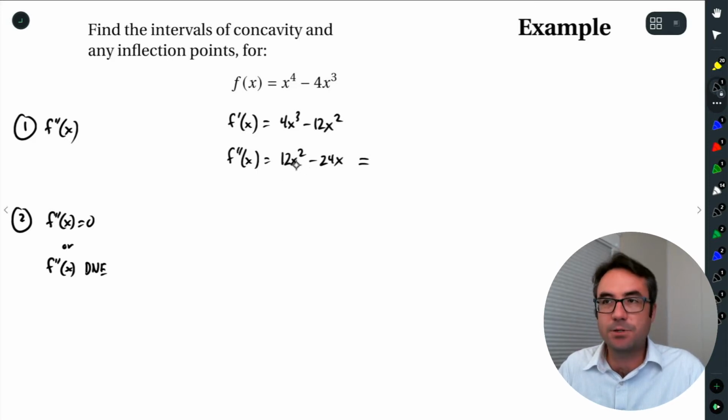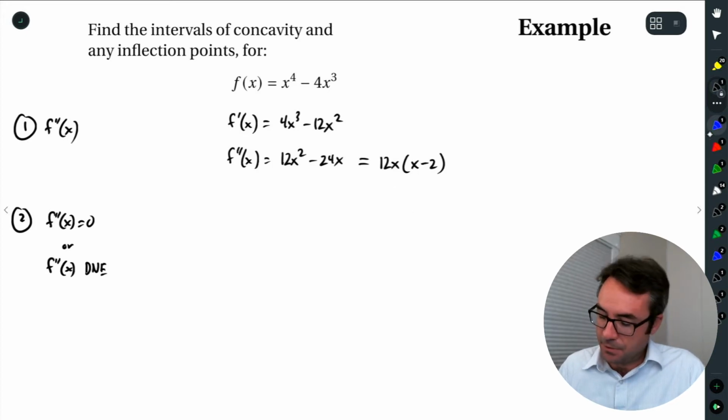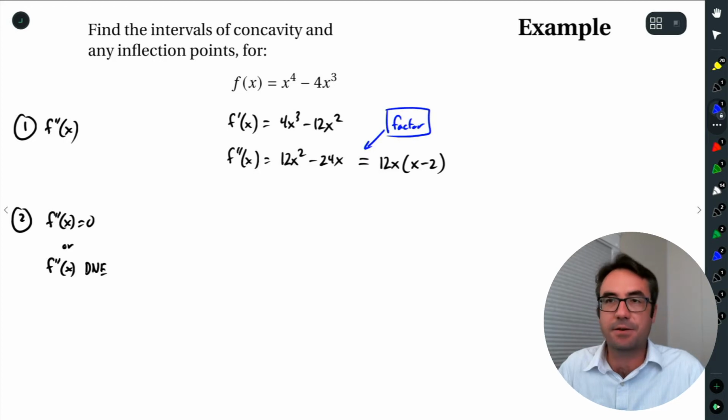The first term has a 12x. The second term has a 12x. So we can actually factor out a 12x. And when we do that, we have an x minus 2 left over. So usually that's one of our major little strategies here, is just see if you can factor this thing. And we can. So we get 12x times x minus 2.